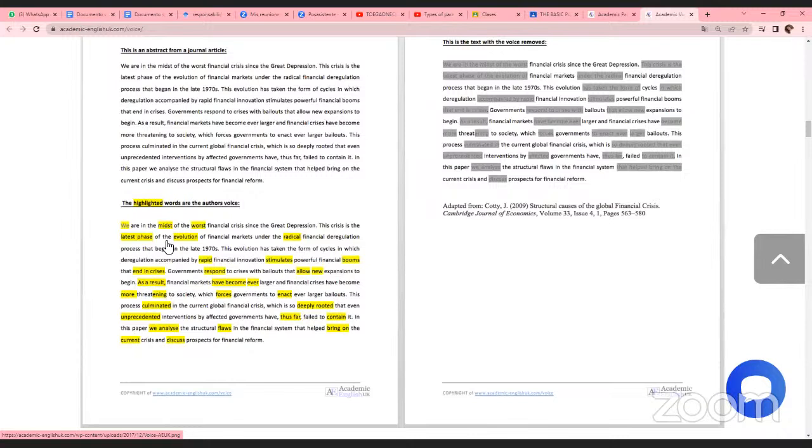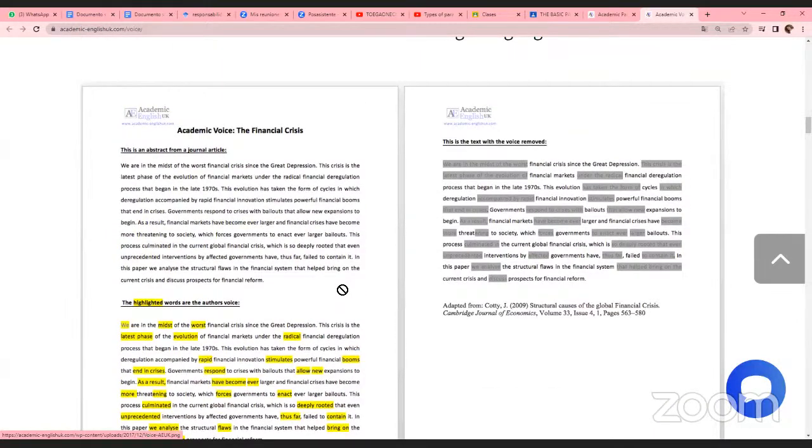The crisis is the latest phase of the evolution of financial markets under the radical financial deregulation process that began in the late 1970s. This evolution has taken the form of a cycle in which deregulation accompanied by rapid financial innovation stimulates powerful financial booms. Government response, okay.